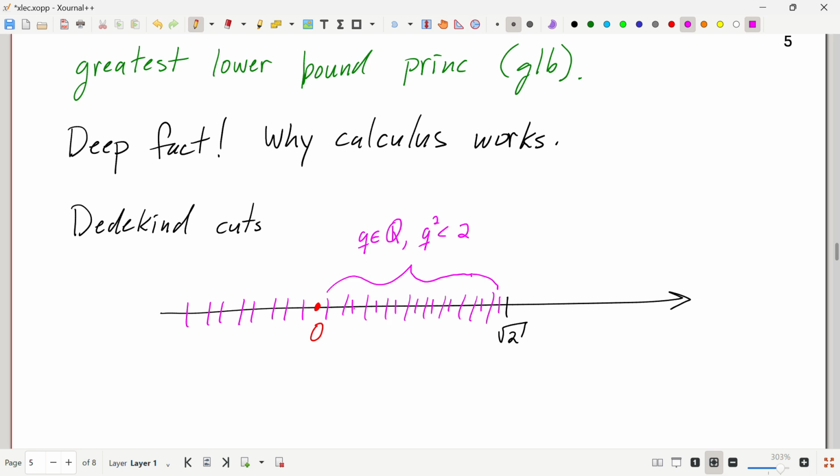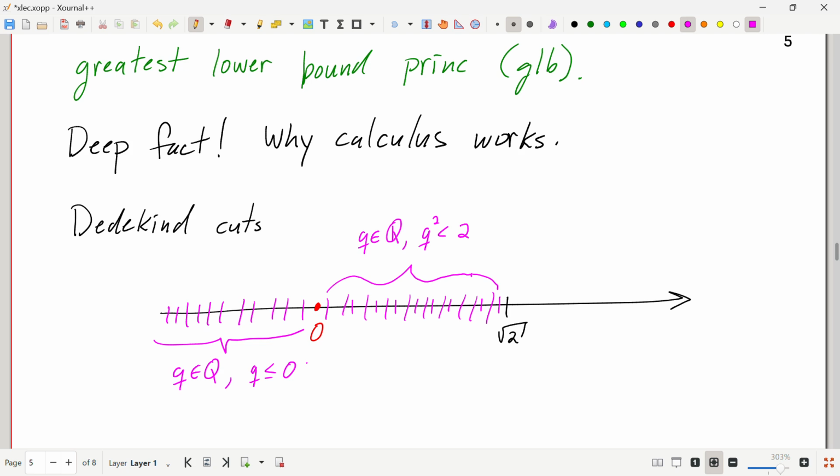For example, we know that square root of 2 is not a rational number. Okay, and then these are just the rational numbers that are less than 0.